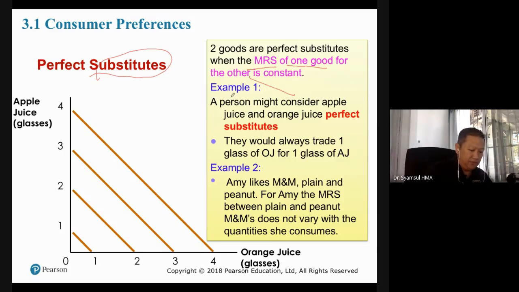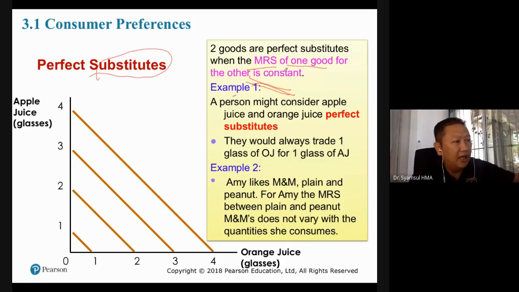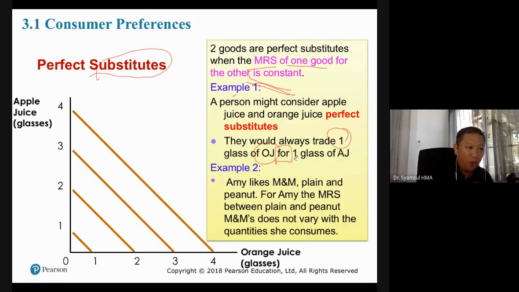For example, a person might consider apple juice and orange juice perfect substitutes. That means 1 glass of orange juice for 1 glass of apple juice.